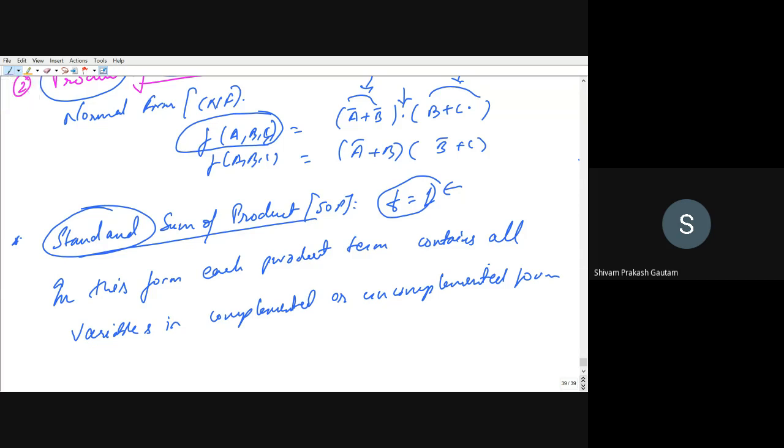So here you see the definition. In this form, each product term of variables contains all the variables in complemented form, where complemented means it can have a bar on top of the variable, or uncomplemented, which is just the opposite of the complemented form.